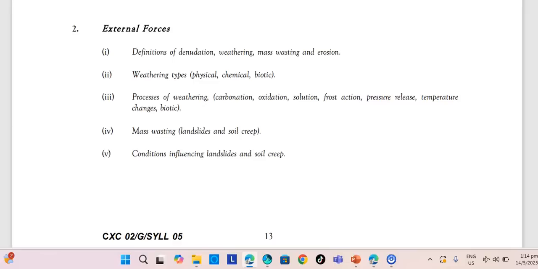External forces. We're going to look at the definitions of denudation, weathering, mass wasting, and erosion. We're going to look at weathering types. If they ask you about weathering types, you know they are physical, chemical, biotic.